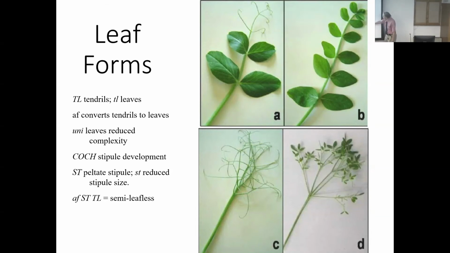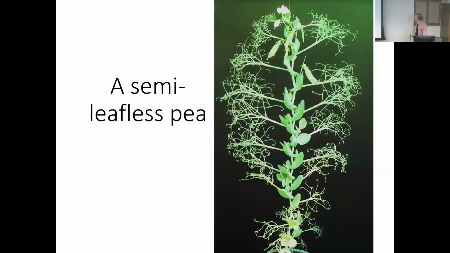You can have multi-branches and tiny little leaves on the end. So you can have all sorts of combinations. There are also genes that turn the stipules on or off and control stipule size. And here's this semi-leafless pea that is the main pea of commerce once you get out of your home garden.